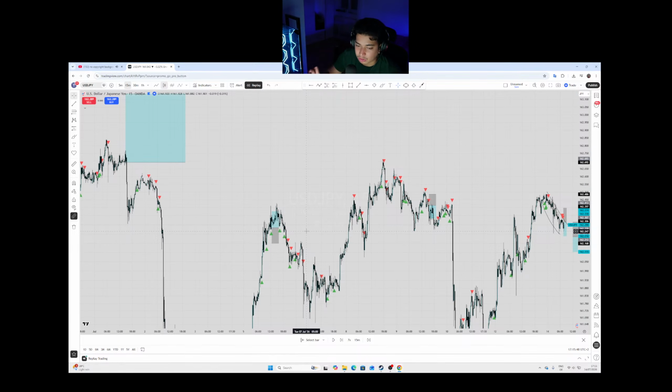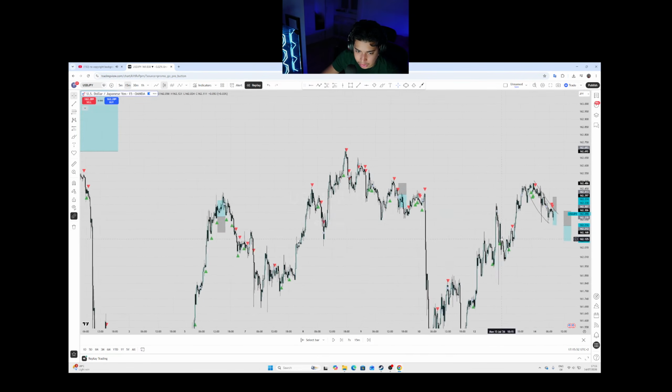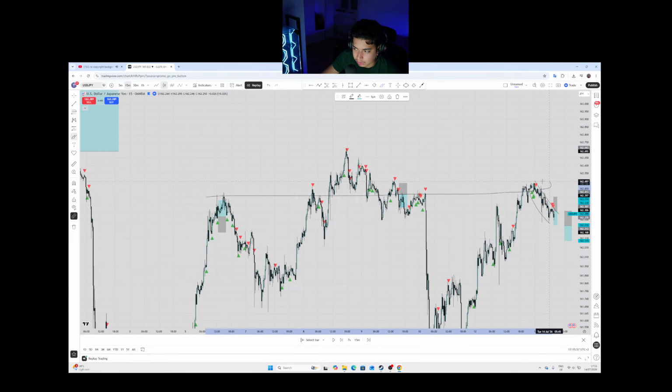This area was not that strong, and I knew it was not that strong because you can see the market was rejecting the whole time. Market was rejecting this area, right? And this is a strong area. You can see this is strong because there is a big rejection, right? Market came up, rejected, big dump, came up, rejected, big dump, came up, rejected, big dump.